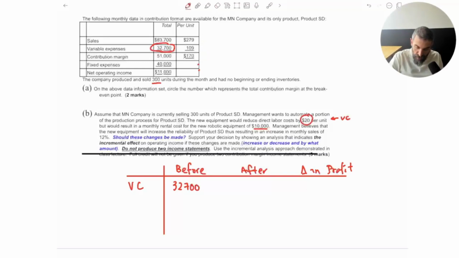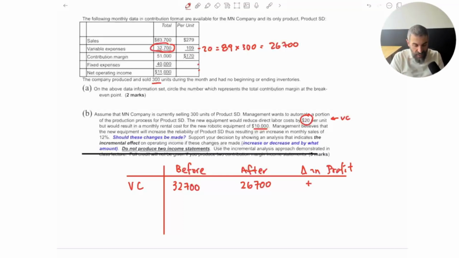So this 109 becomes 89. 89 times 300 is 26,700. This would actually increase your profit by the difference.